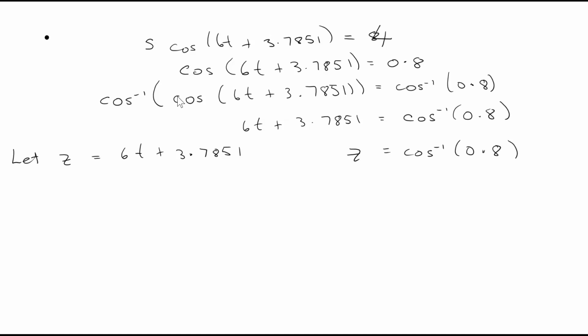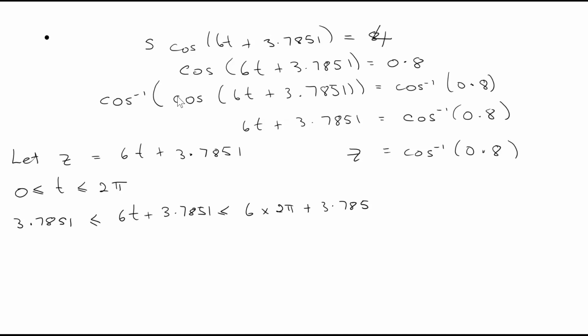Now there'll be lots and lots of answers because if we've got 0 is less than or equal to t, which is less than or equal to 2 pi, then z is going to be between 3.7851 and 6 times 2 pi plus 3.7851.